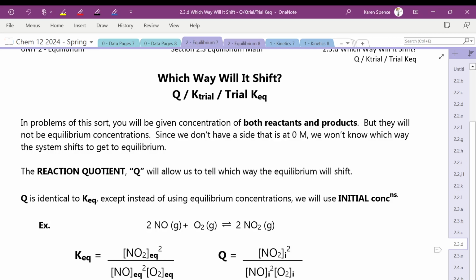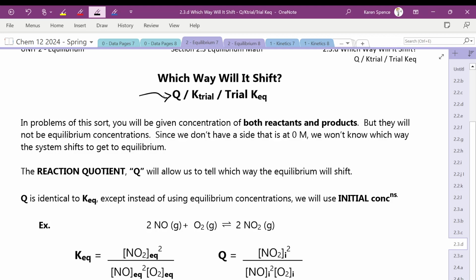We're going to take a look at the ratio between the products and reactants and say, is that ratio too big? Is that ratio too small? Or is that ratio just right? And if it's just right, we are at equilibrium.